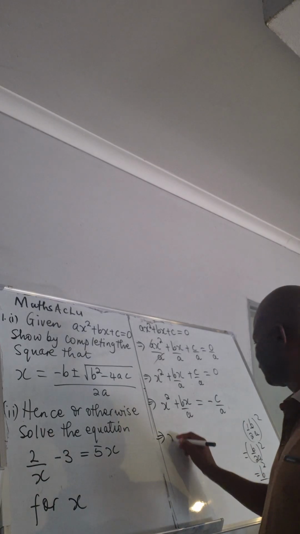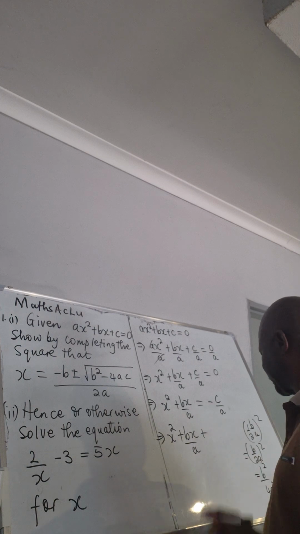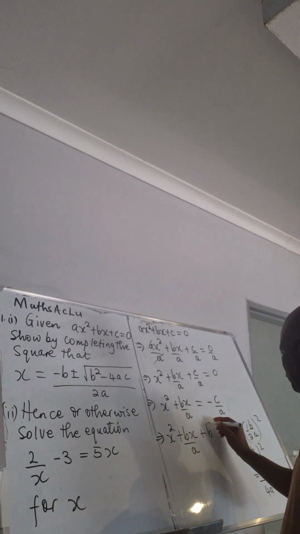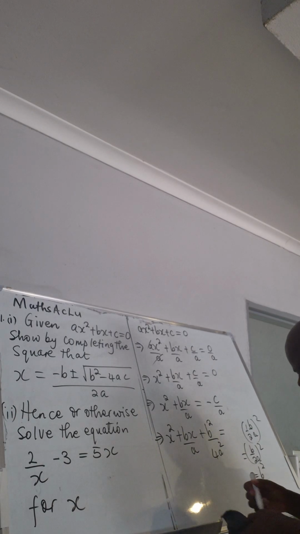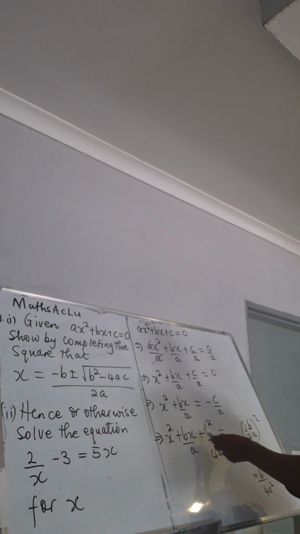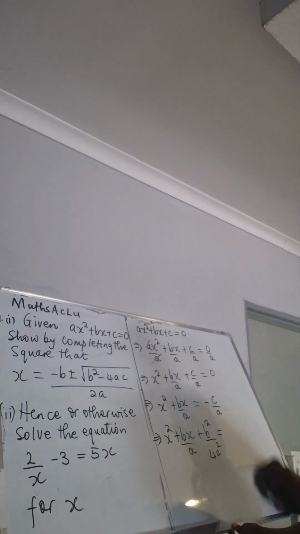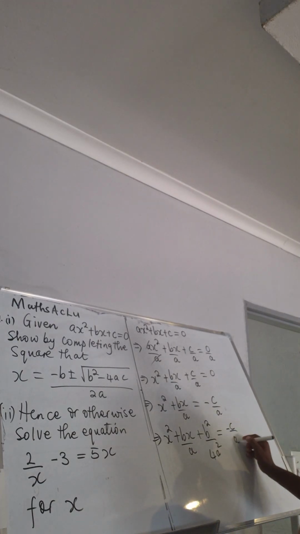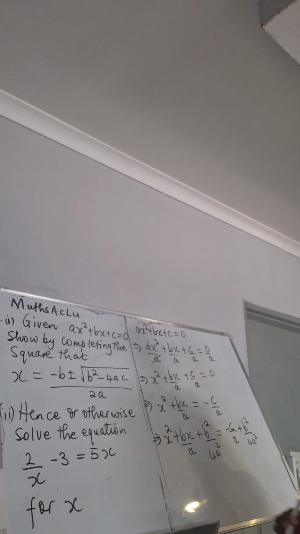So now this implies x squared plus bx over a plus b squared over 4a squared. This is what we have added. So we add it to both sides. Because we have added it here, we must also add it to the other side to make it an equation. Right, so equal to minus c over a plus b squared over 4a squared.